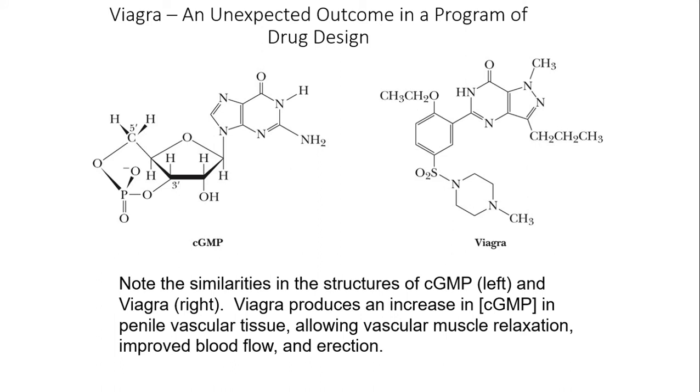So we mentioned that pharmaceutical industries manipulate and try to create analogs to treat and hopefully better some of the conditions some of us may face. An example of a drug that they designed, which most people are familiar with, Viagra, ended up having an unexpected outcome in the program.